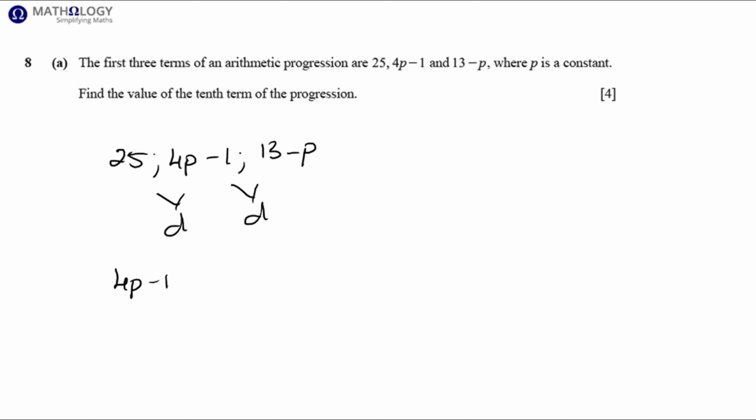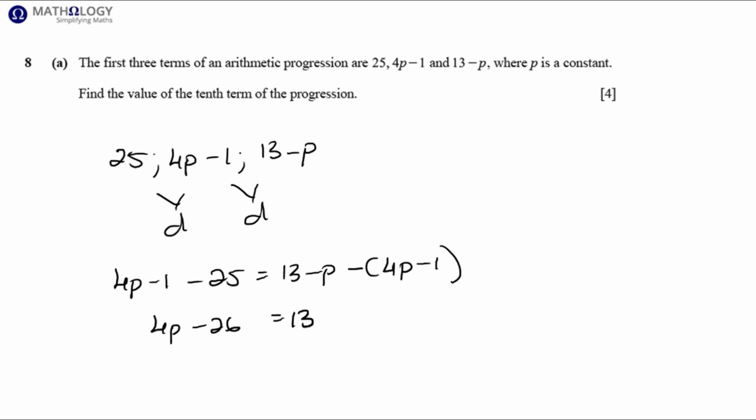So 4p minus 1 minus 25 equals 13 minus p minus (4p minus 1). 4p minus 26 equals 13 minus 5p plus 1. So 9p equals 40. So p will be 40 over 9.